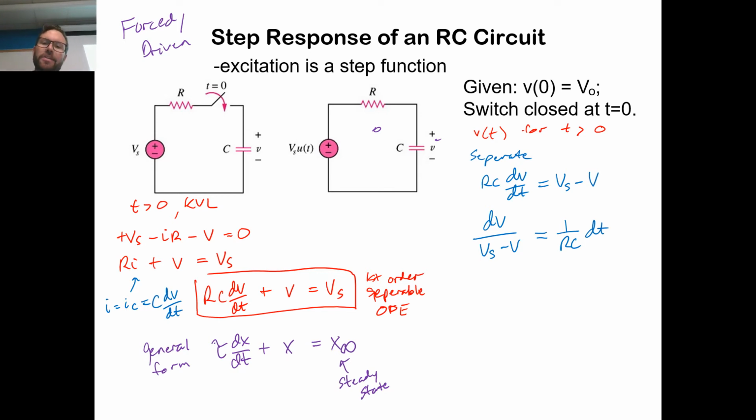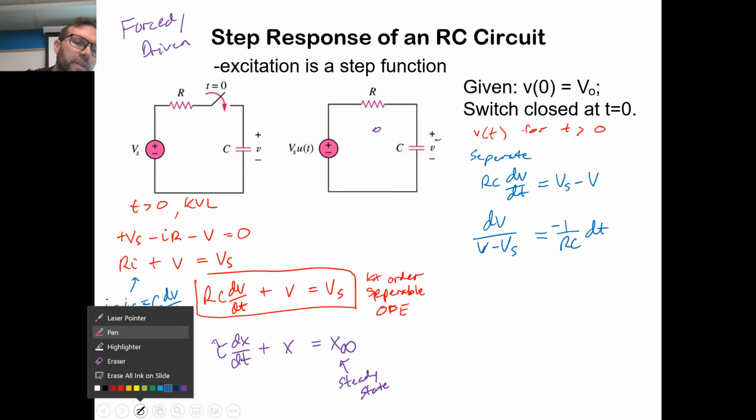Now all we're going to do is multiply both sides by -1 to put things in a little bit better form. If we multiply by -1, we get a -1 over RC, and then Vs minus V becomes V minus Vs, right? Okay, that's what we've done there.